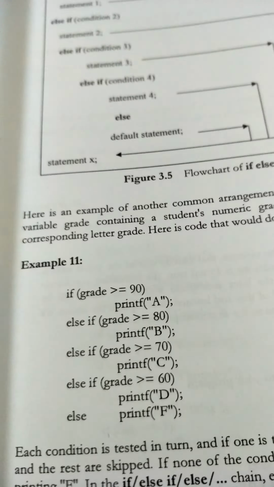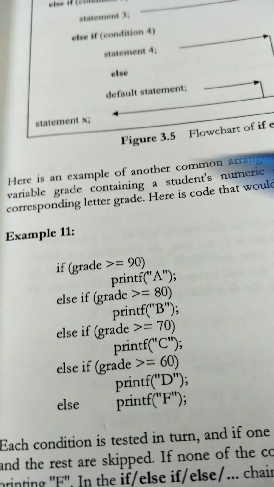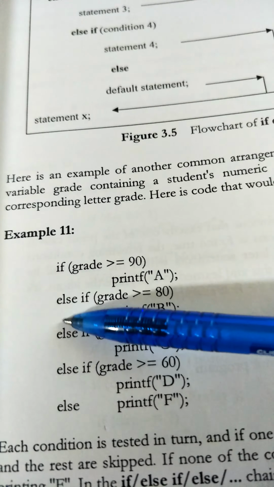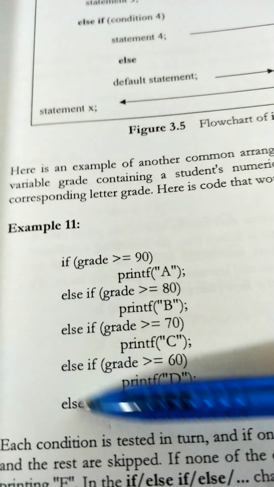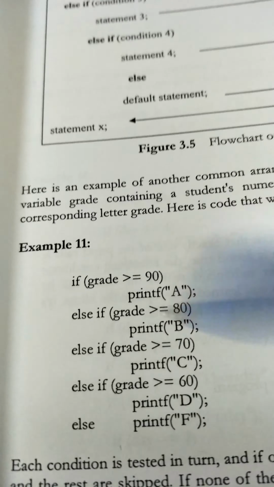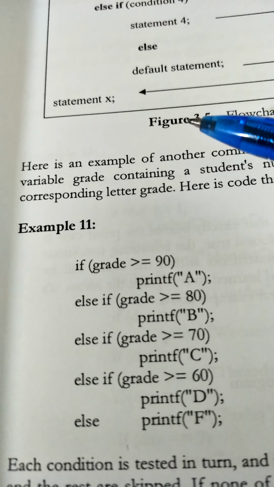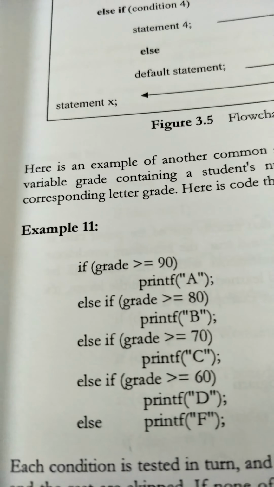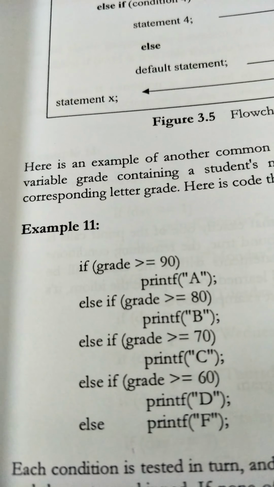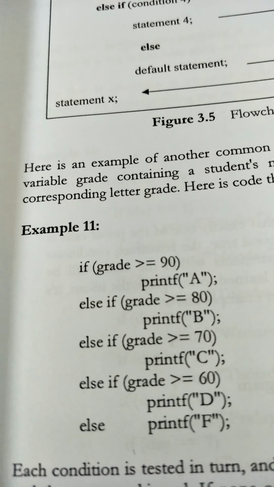So this is an example of else if. This example is to determine the grade of a student. Let's say we make an exam, and we can get the total grade.